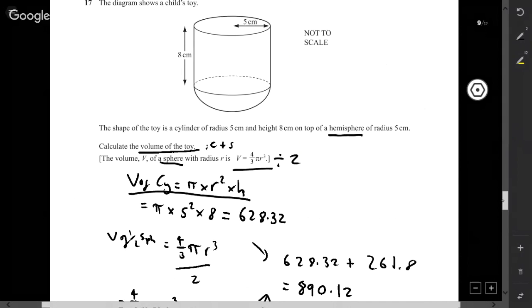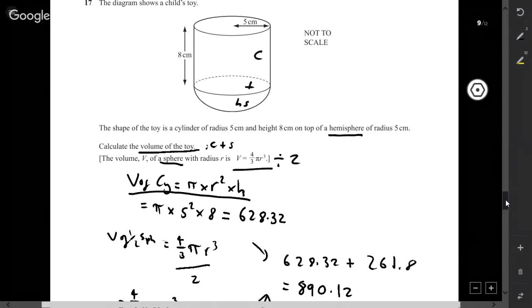What we're going to do to find the total volume of this is find the volume of the cylinder and then the hemisphere and add them together. So, volume of the cylinder: pi times radius, which is 5 squared, times the height, 8, is 628.32. Then we find the volume of the sphere, which is 4 over 3, as they said, pi r cubed.